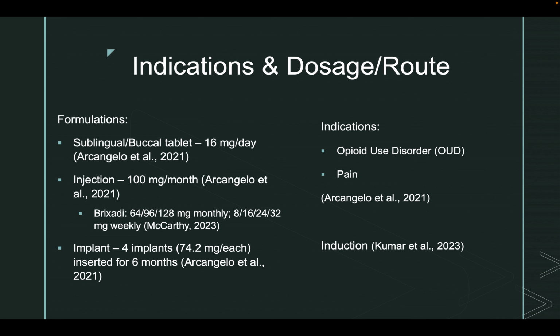And lastly, the implant option, which is called Probuphine, comes with 4 implants, which are all implanted at the same time, and they all contain 74.2 milligrams, and they're inserted for 6 months at a time.